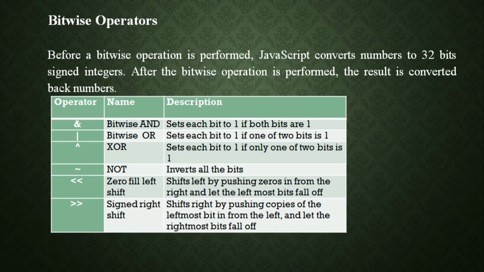And the next one is signed right shift. It shifts right by pushing copies of the leftmost bit in from the left and lets the rightmost bits fall off. If I am using left shift, it will shift towards the left. And if I am using right shift, it pushes the values towards the right.